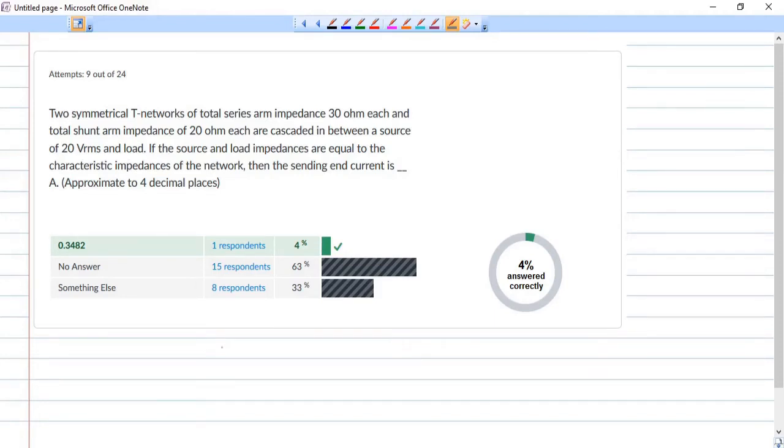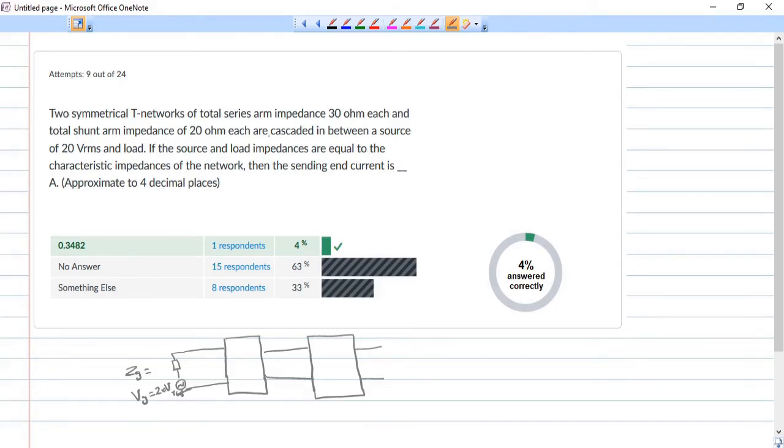Okay, so we have two symmetrical T networks that are cascaded in between a source, so we have the source impedance and the voltage source. The source voltage is equal to 20 Vrms.